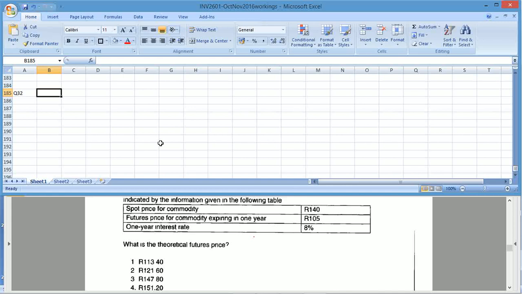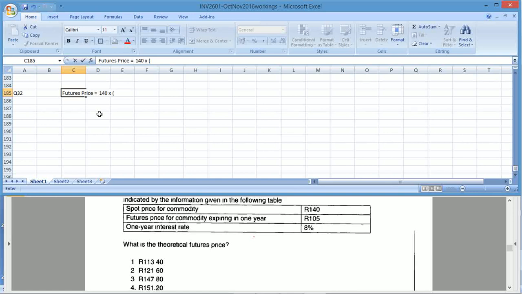I'm going to take the spot price, 140, and I'm going to take that forward for 1 year because it's the current spot price of the commodity.